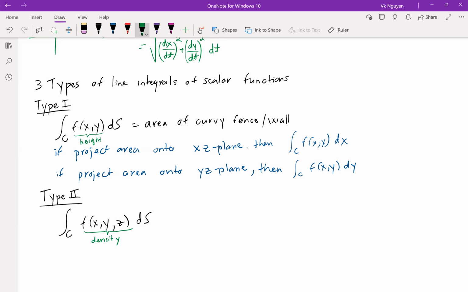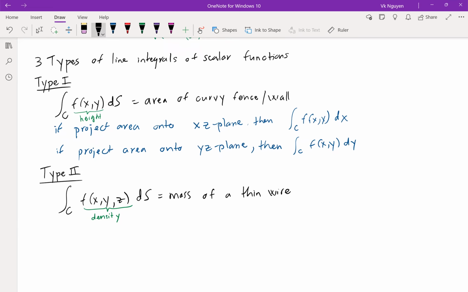When you take density and multiply by a very small arc length, it's just like an area. You're going to get a mass of a thin wire. So this thing is the mass of a thin wire, and the thin wire is the curve C.